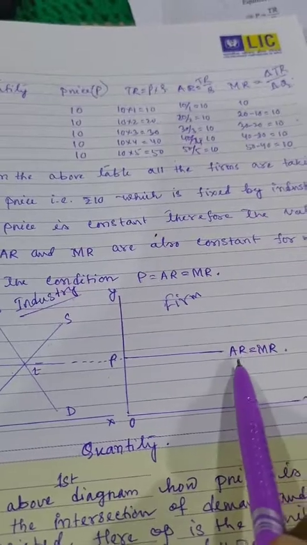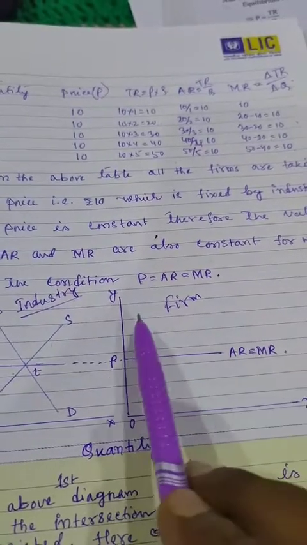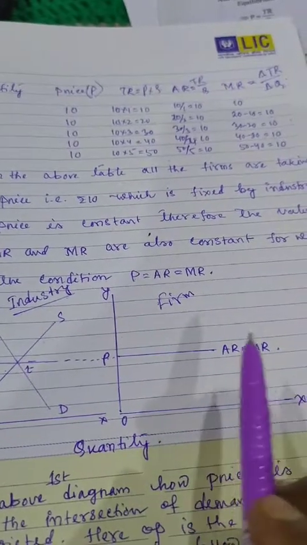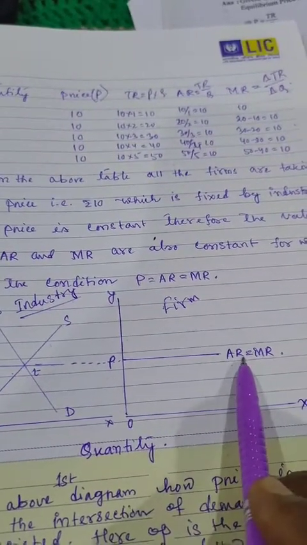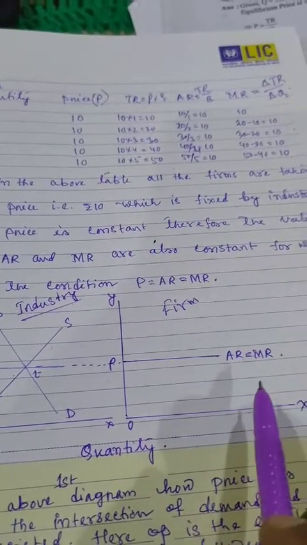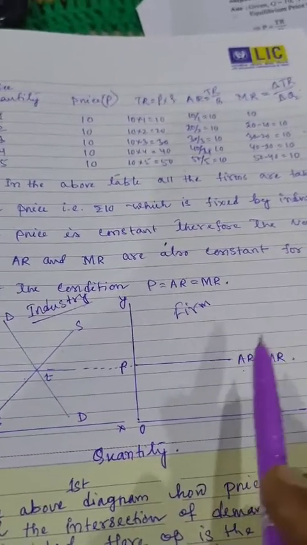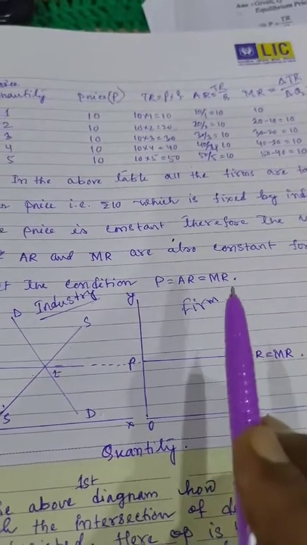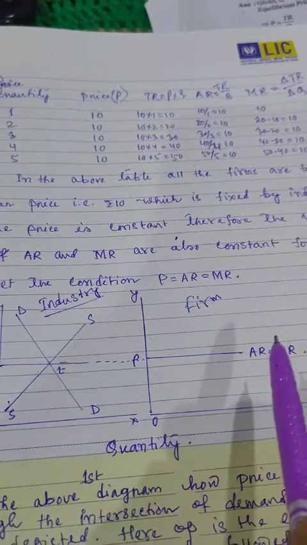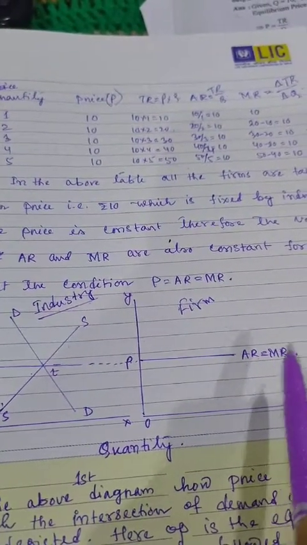Why is average revenue equal to marginal revenue for a firm in the perfectly competitive market? Because there is no change in the price of the commodity. That means a constant price is there, and this constant price is followed by every firm, and ultimately fixed by the industry. That's why average revenue is always equal to marginal revenue.